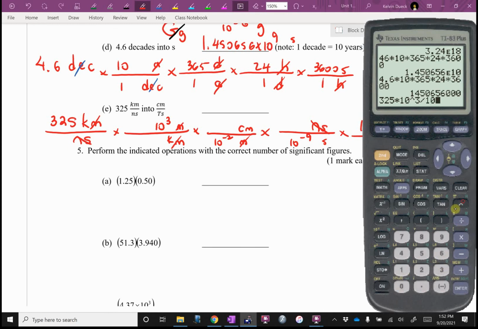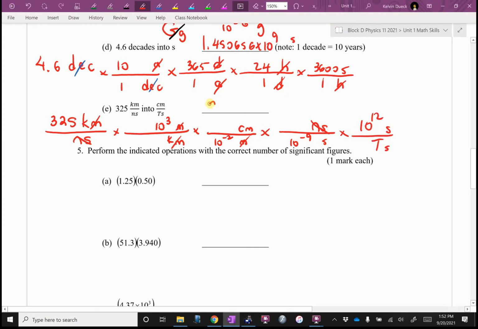Divided by 10 to the negative 2 divided by 10 to the negative 9 times 10 to the 12. Did you get 3.25? Is it times 10 to the 28th? Centimeters per terasecond. I have no idea what units those are, but I do know it's a measure of speed.